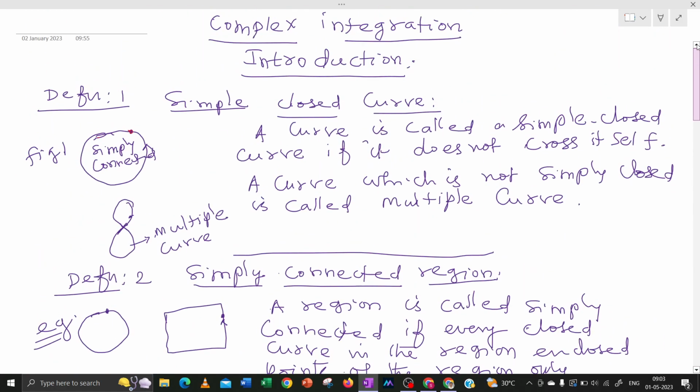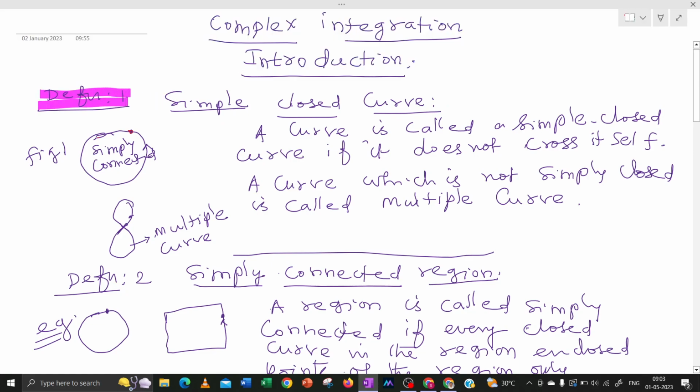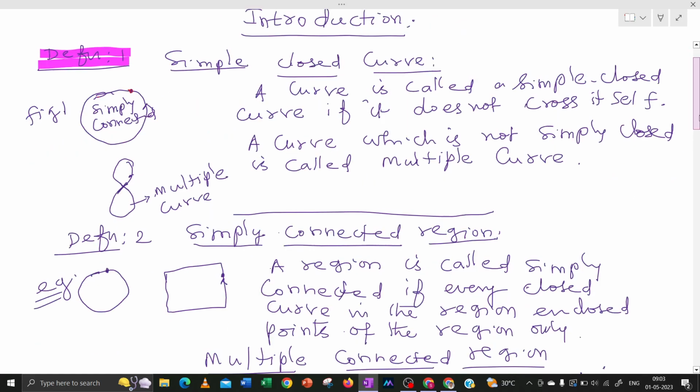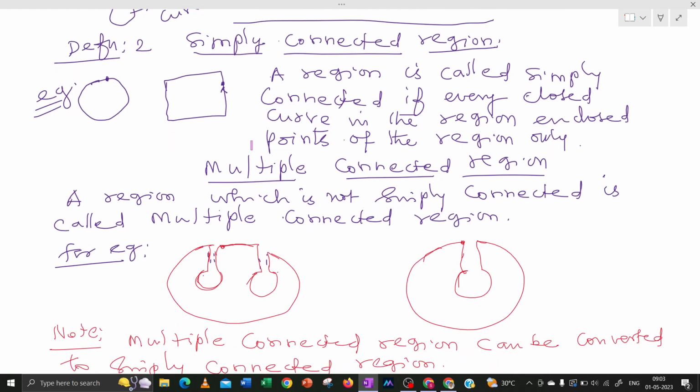So what are the points we have considered in the definitions? The first definition is simply closed region and multiple closed region. The second is simply connected region and multiple connected region.